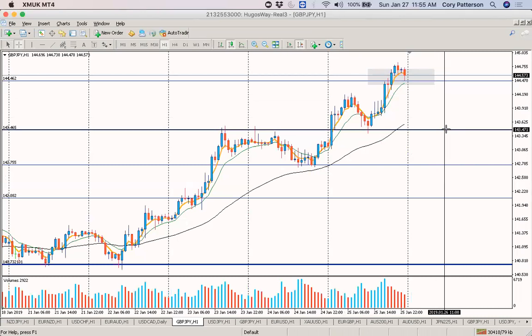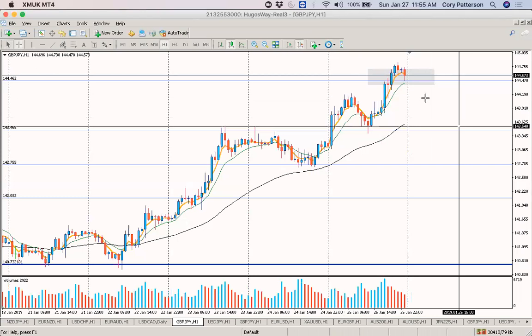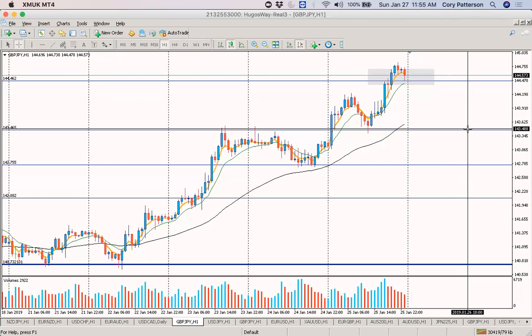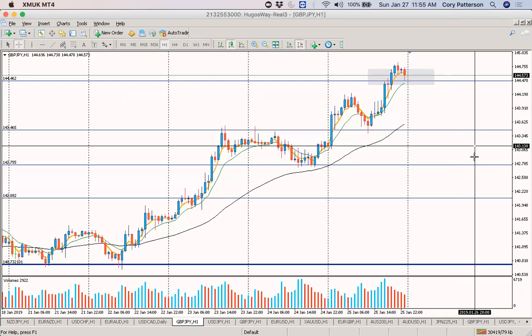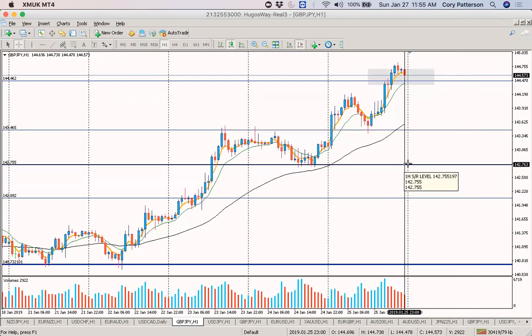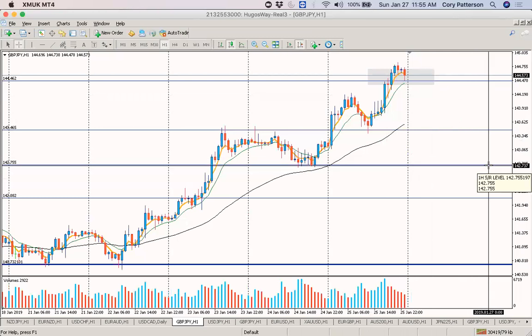And I think that based off of what could potentially happen on Monday and this evening, this will shoot down to probably this level and maybe even down here. So the ultimate goal for this trade would be to take it down to 142.74, and that would be 170 pips.